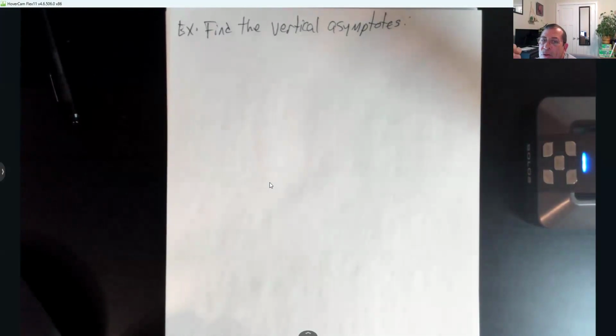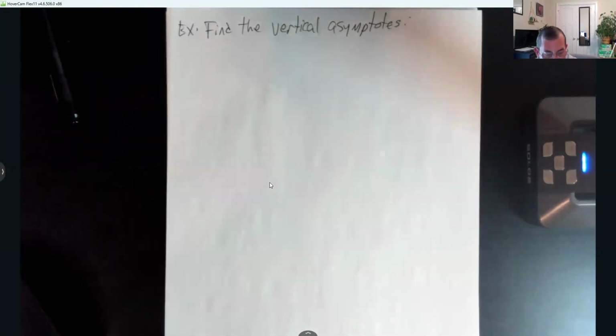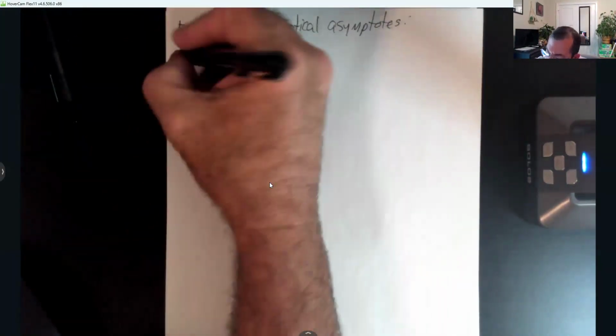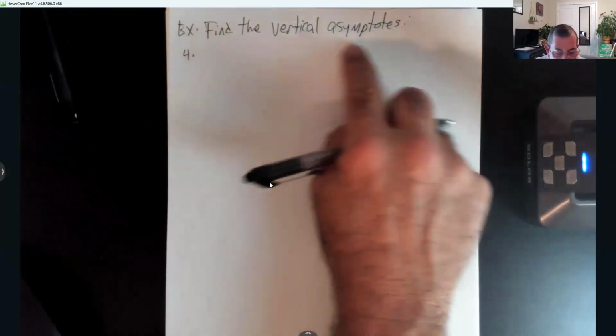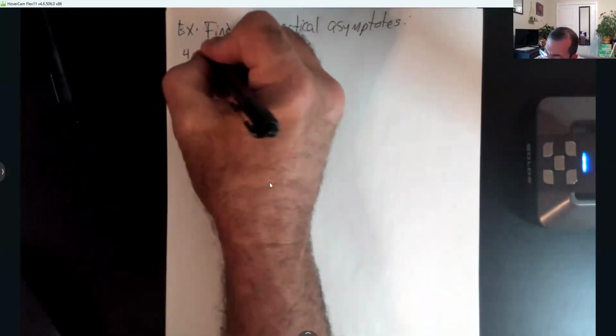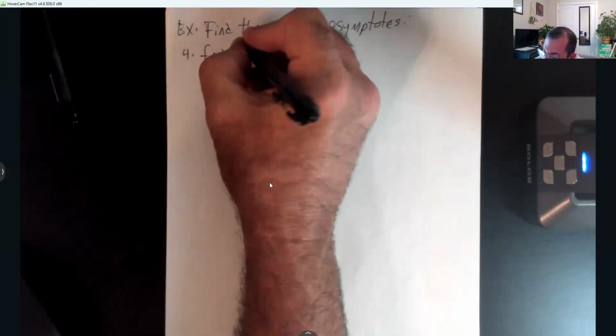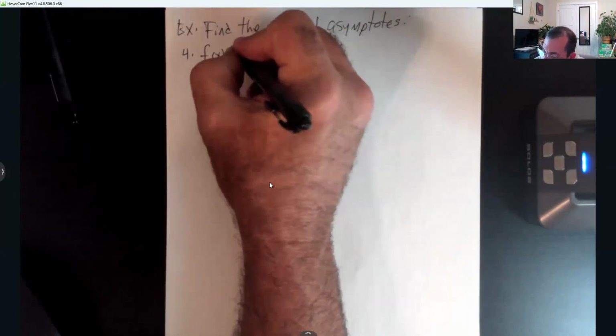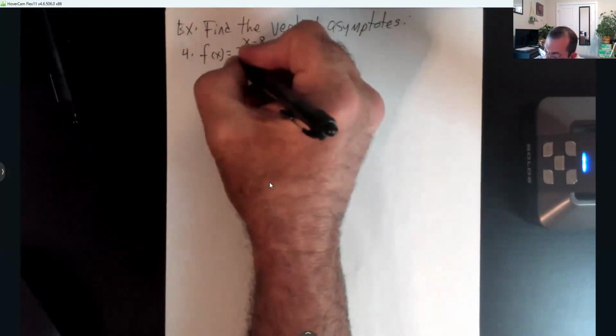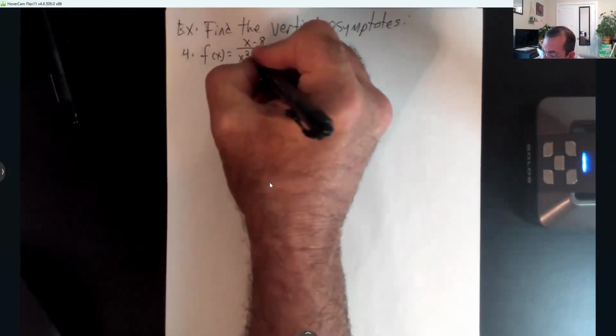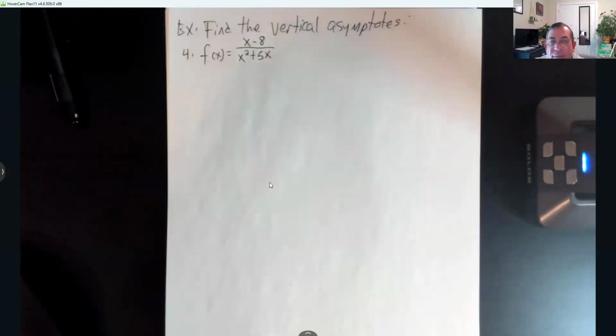So find your vertical, your horizontal, and then pick the graph, okay? So these ones starting at 4 want us to find vertical asymptotes. So y'all, here we go. F of x equals x minus 8 over x squared plus 5x.